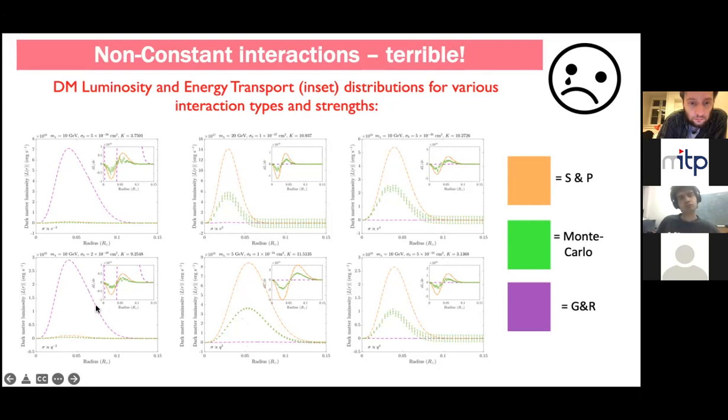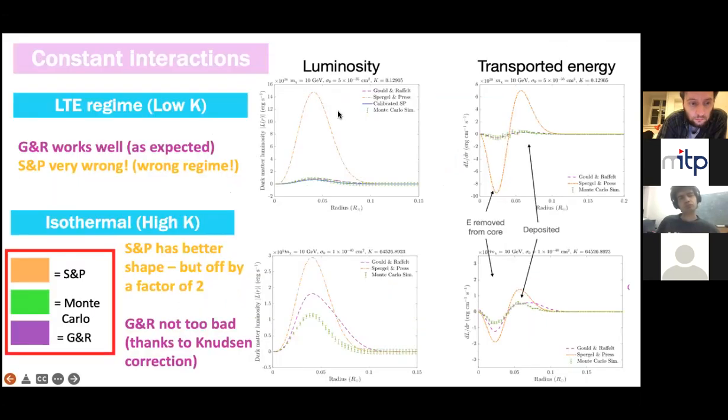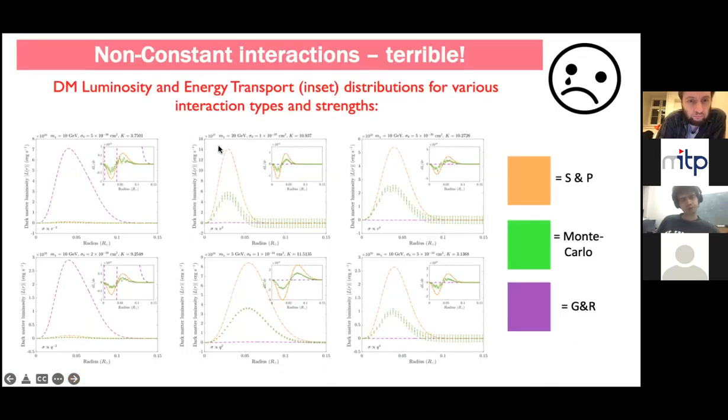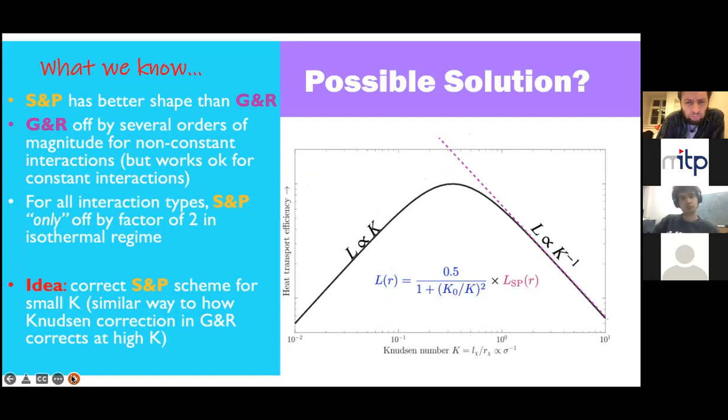So unfortunately, whilst these two formalisms appear to have some use for constant interactions, we can see that actually they're of little use in trying to describe non-constant interactions, which are obviously something that we'd like to be able to consider.